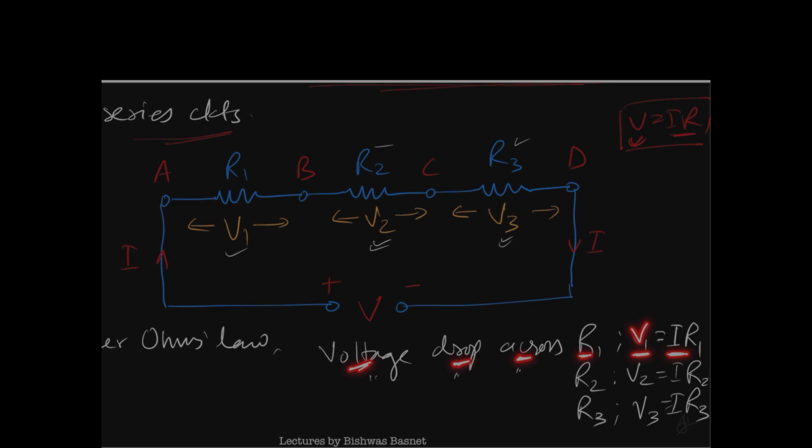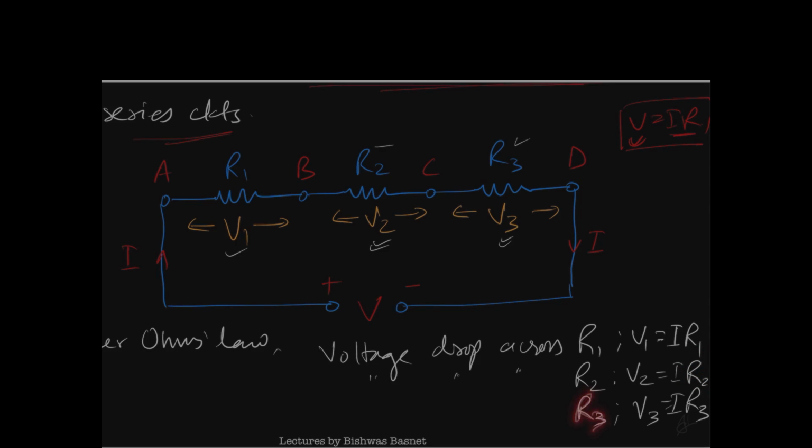equals I times R1. In the same manner, the voltage drop across resistor R2 would be given by V2. Again, it's the same current I flowing through R2, so V2 equals I times R2.